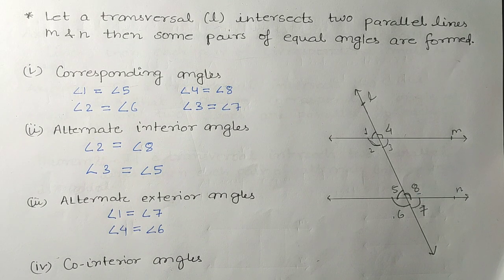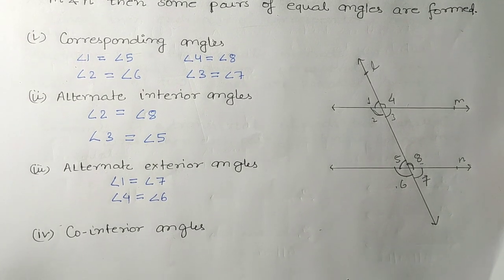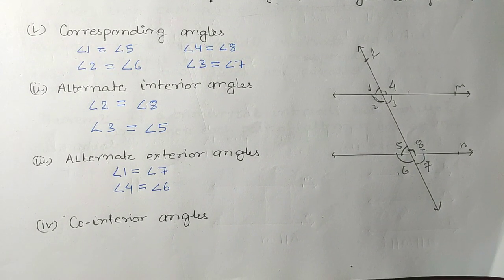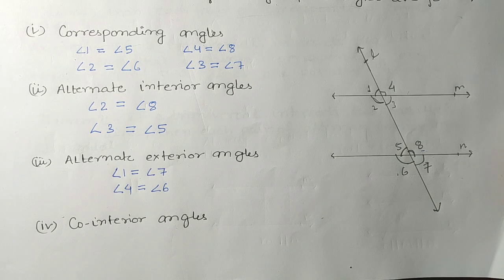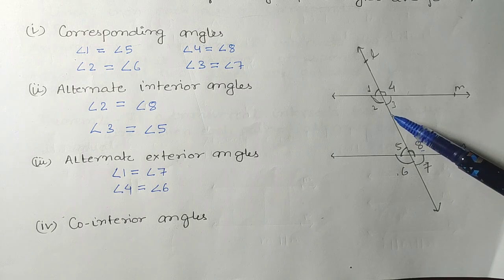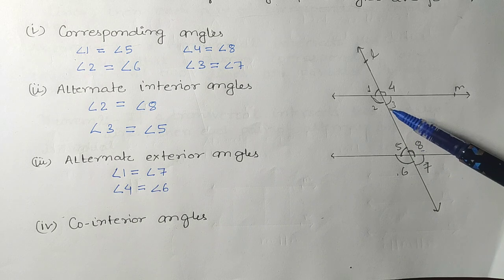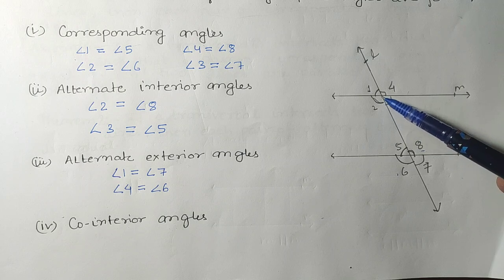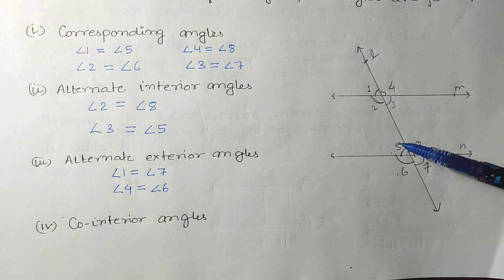Now next is co-interior angles. Firstly we are going to see which pairs of angles are known as co-interior angles. Co-interior means on the same side of the transversal, and interior means the angles inside the lines. So here angle 2 is co-interior to angle 5.